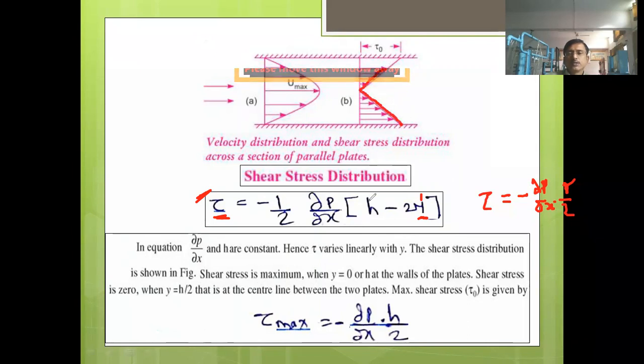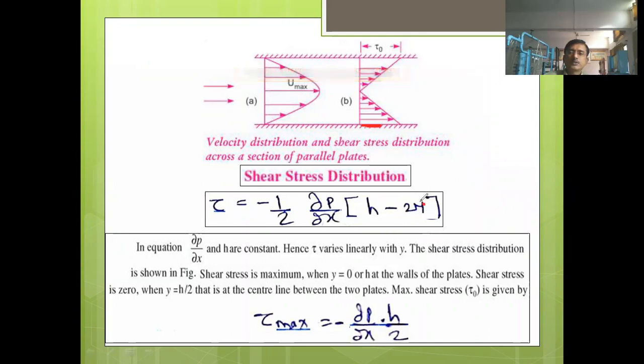When I put y is equal to h by 2, it becomes h by 2, the 2 gets cancelled, and this becomes h minus h, which is 0. It means at the center between these two plates, the shear stress value will be 0, and it will be maximum at this point.